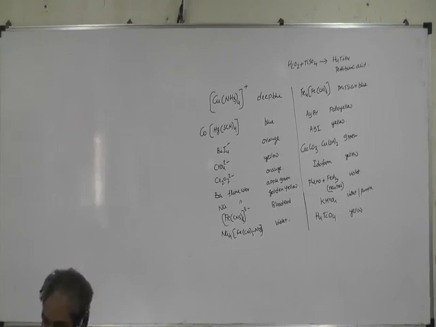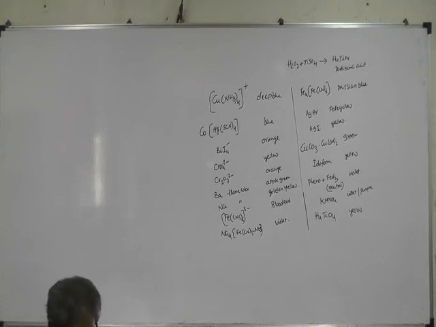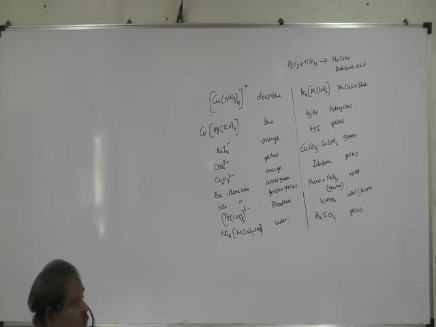K2Cr2O7 gives blue color due to the formation of CrO5 in the ether layer. That's all about colors. Some important colors.